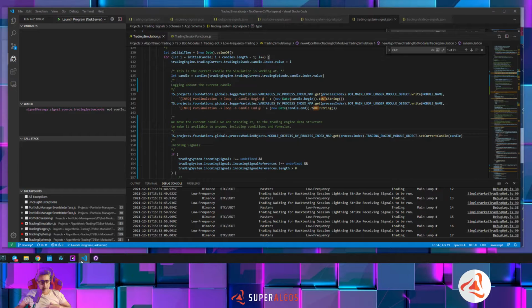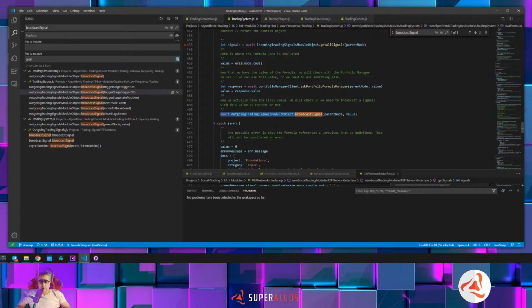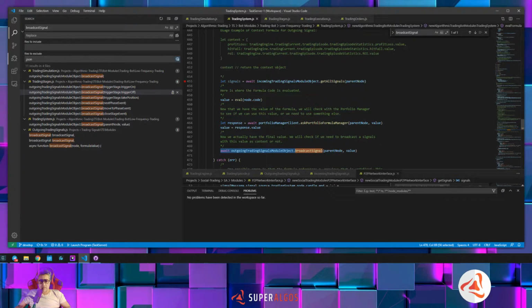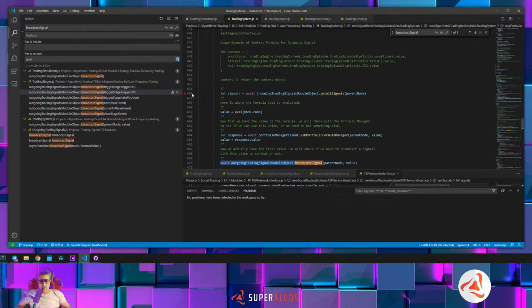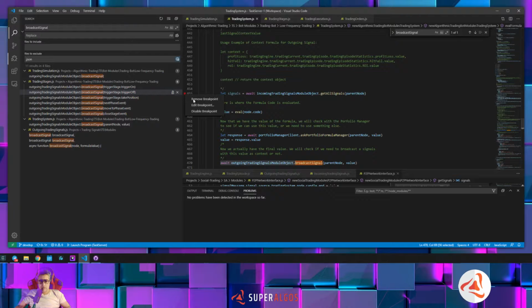So let's get back to the code here, task server 1. And now we are looking for a formula that is calculated here at the trading system, but we are going to reuse this expression.